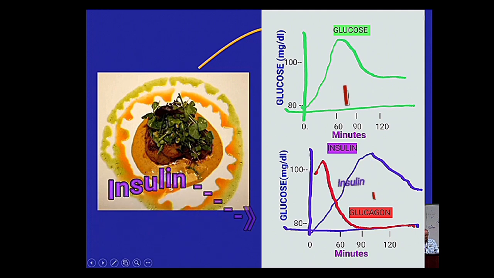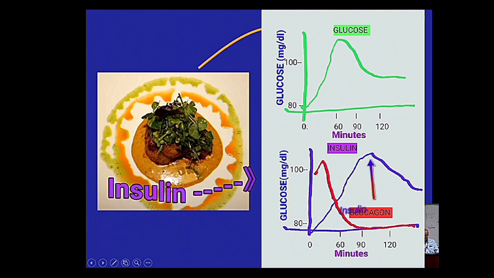Parallel to that rise in blood glucose, you see an increase in insulin secretion. See how the profiles are almost identical. Insulin follows the rise of blood glucose.